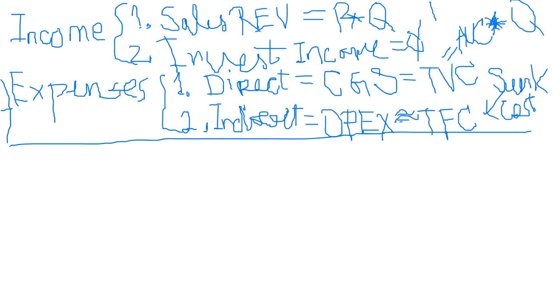If quantity is 1,000, revenue will be $500,000. And total variable cost will be 300,000. Total fixed operating expenses will be 100,000.